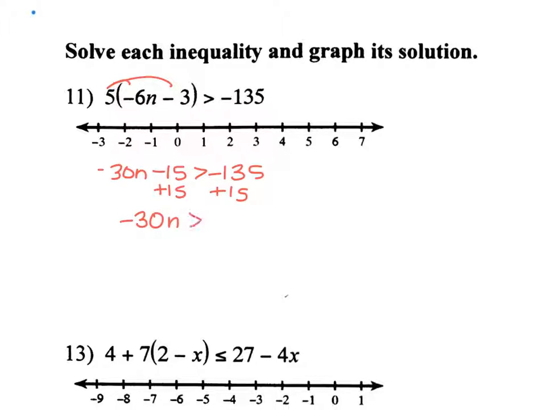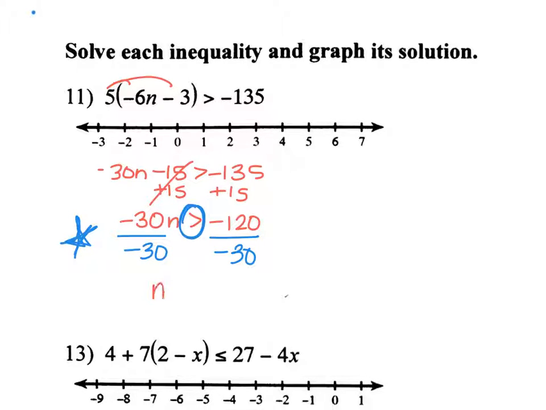Negative 30n is greater than negative 120. And then I want to divide by negative 30. And remember, the rule is that anytime you divide by a negative, the symbol's got to turn around. All right, that's going to give me n is less than positive 4.